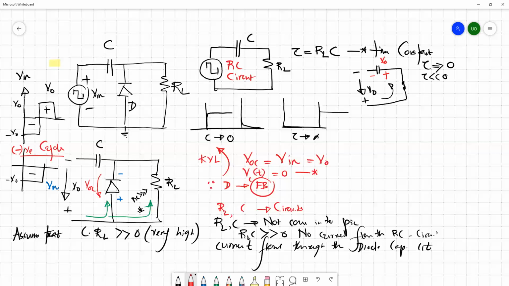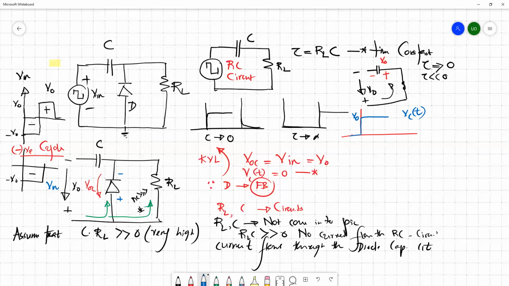So what happens? Actually, the capacitor is immediately charged up to V naught during this cycle. If you draw it, this is the voltage across the capacitor. Initially it's zero.